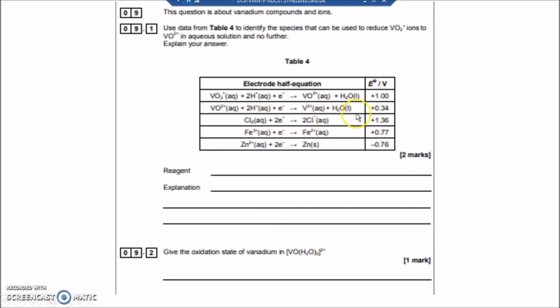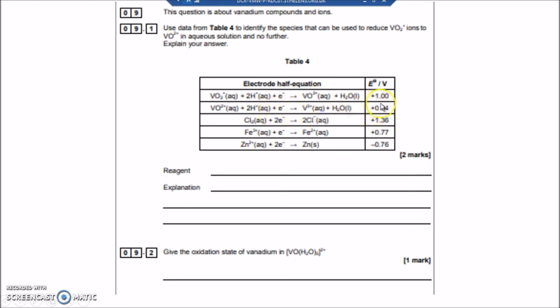In other words, you're looking for something with an electrode potential lower than 1. All the others could feasibly work, but Cl2 plus 2 electrons to 2 Cl minus will not combine with that top equation and make that top equation go in that direction, so that VO2+ is reduced.